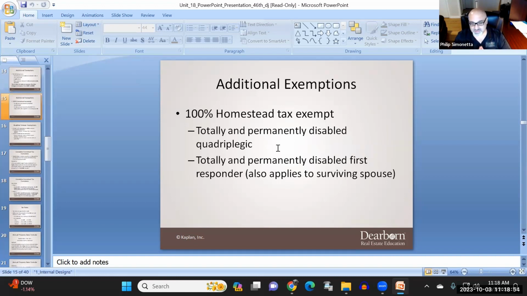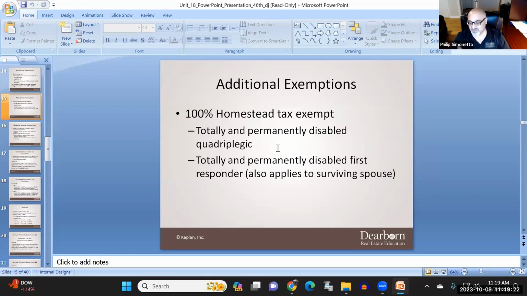100% homestead tax exempt. These people do not pay property taxes. They're exempt. If you're totally and permanently disabled, quadriplegic, paralyzed from the neck down, you don't pay property taxes. If you're a totally and permanently disabled first responder, police, fire, emergency, and it also applies to a surviving spouse.